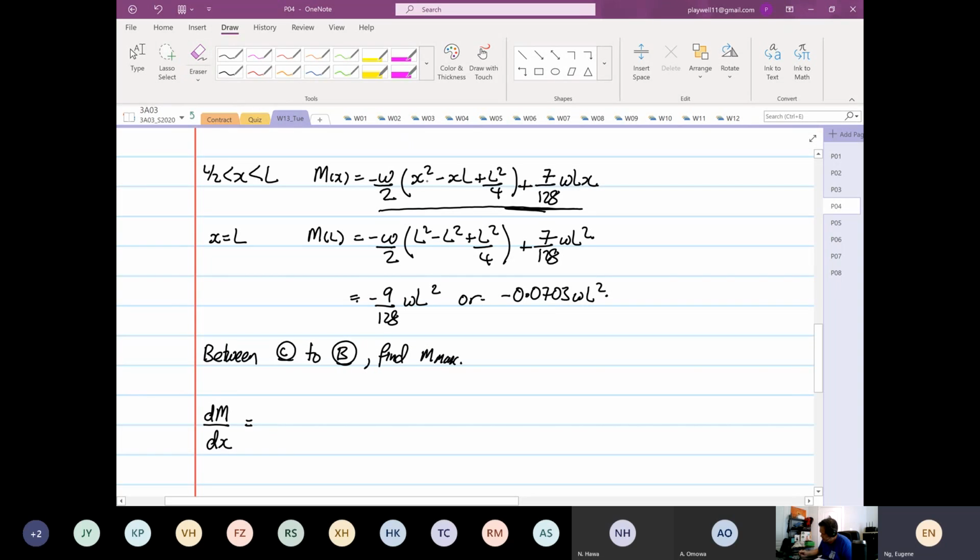So differentiate. I'm now having a brain fart on how to differentiate. So equal to minus omega x, and then minus will be plus omega L over 2, and then the last term, we don't have x, so plus 7 over 128 omega L.